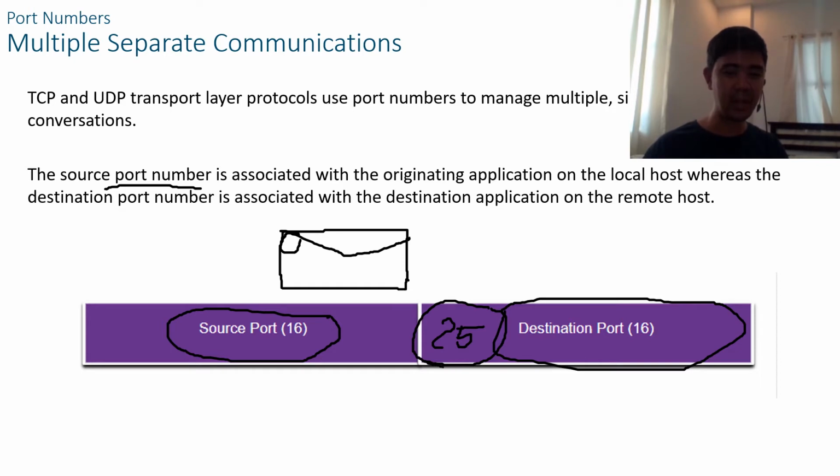So the moment the operating system sees that the port number is 25, it will ignore or drop this. If there's no port number, then the operating system would need to dig into the letter, read it, check, okay, this is a love letter, then I will drop it. With no port numbers, it will take time before the letter is processed. So that's the use of the port number.